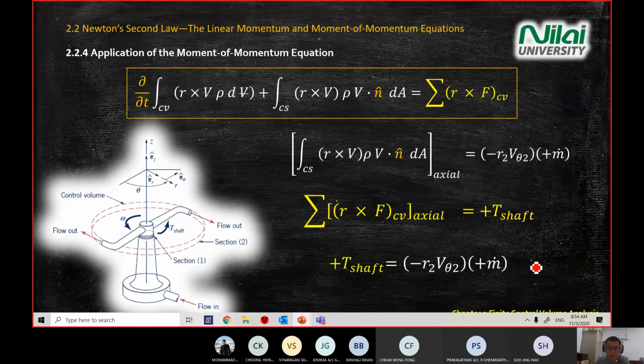Right. So in these two equations, we know that our torque equals negative R times our m dot. This is how we get this equation.